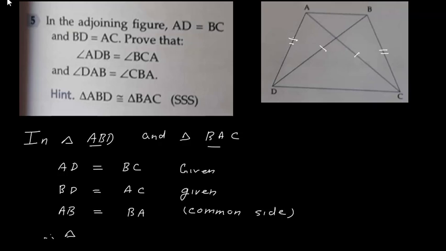Therefore, triangle ABD is congruent to triangle BAC. So these two triangles are congruent by side criteria.